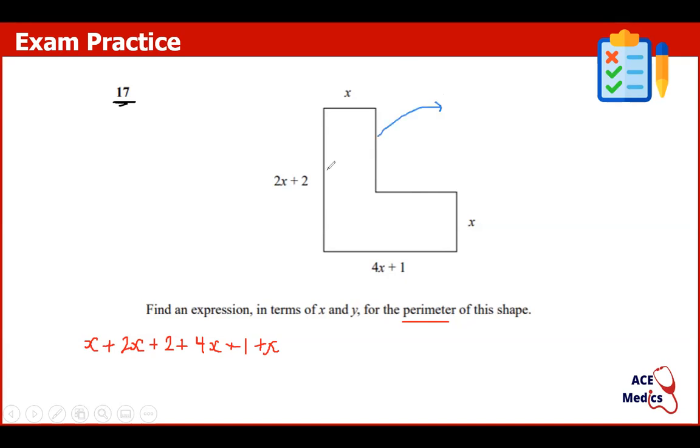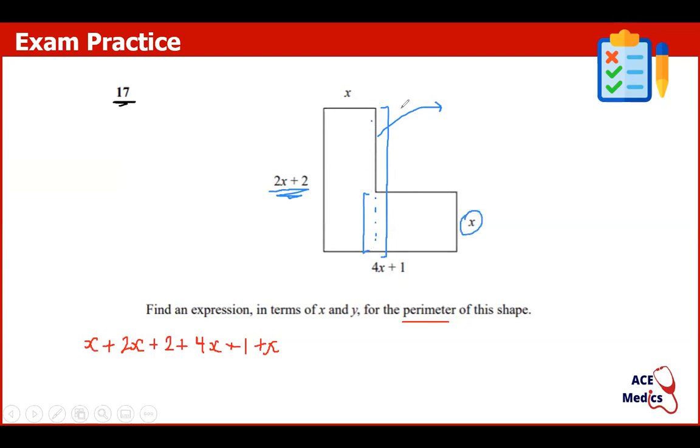Now this side, imagine if we carried on this line, that length would be the same as this, 2x plus 2. Yeah, that's 2x plus 2. But this little bit here is made up of x.